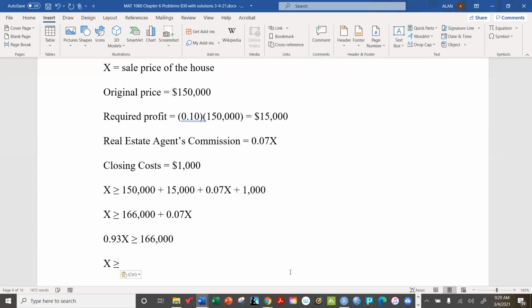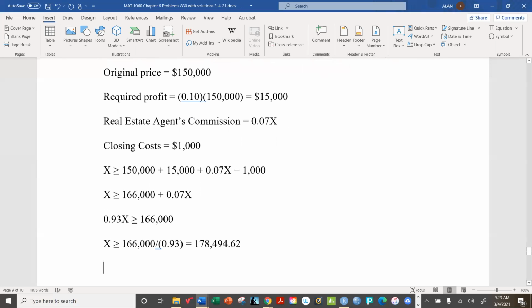So therefore, X must be the ratio of those two numbers. And this can be rounded to dollars and cents. And that works out to 178,494.62. That's close enough.